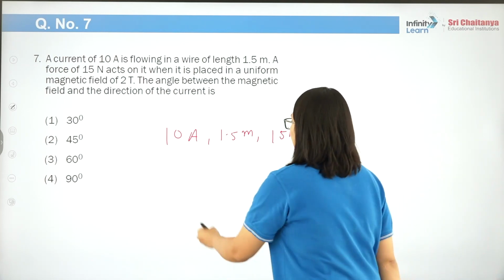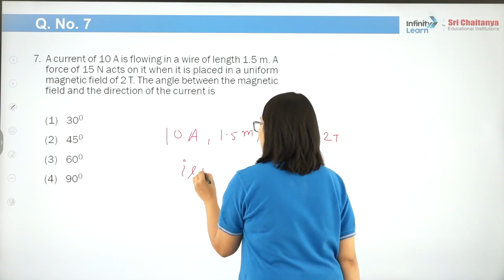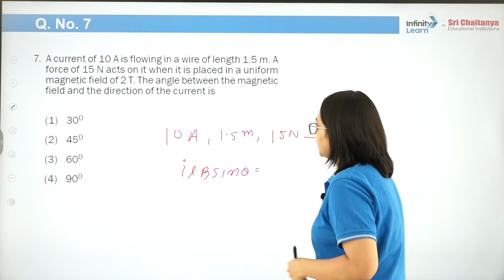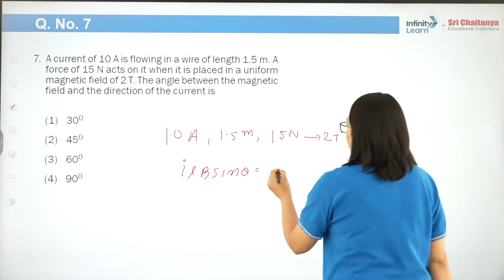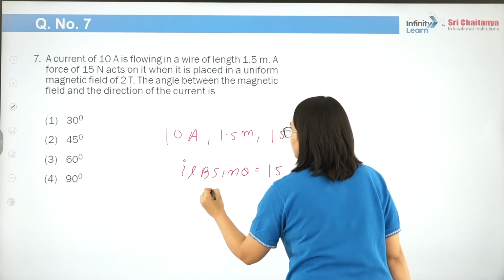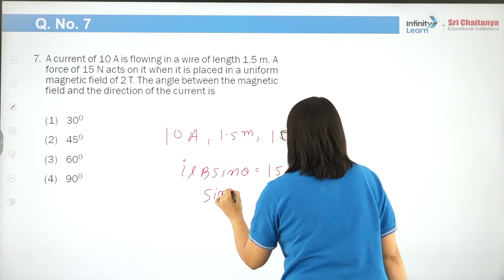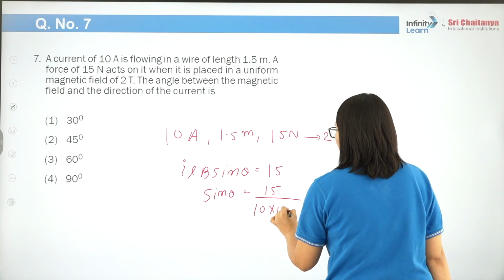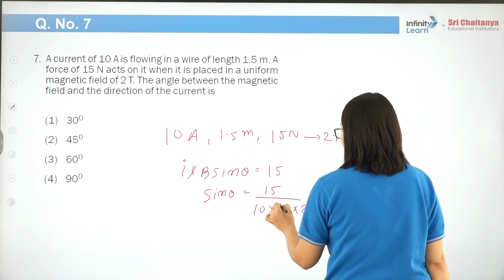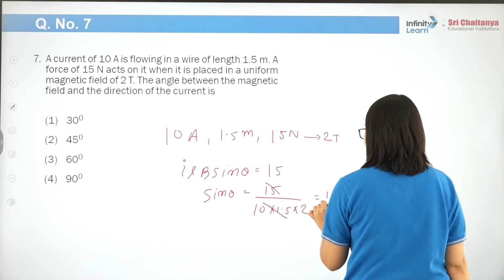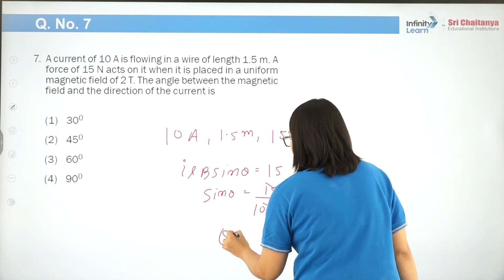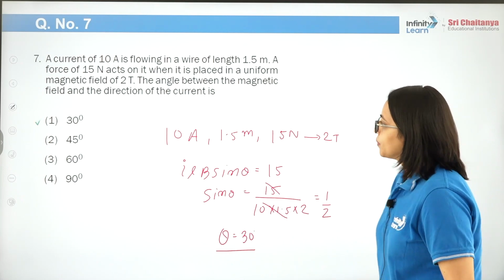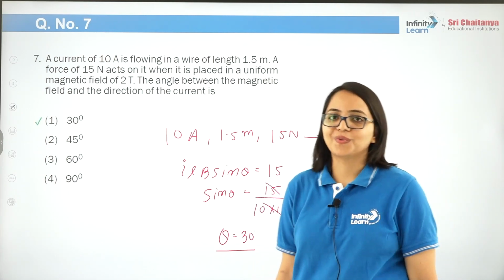So force is ILB sin theta, where theta is the angle between magnetic field and the direction of current, and that equals 15. So sin theta will be 15 upon ILB, which is 10 into 1.5 into 2. So this will cancel this. So sin theta is 1 by 2 and theta will be 30 degree because sin 30 degrees is 1 by 2. So the correct answer is option 1.